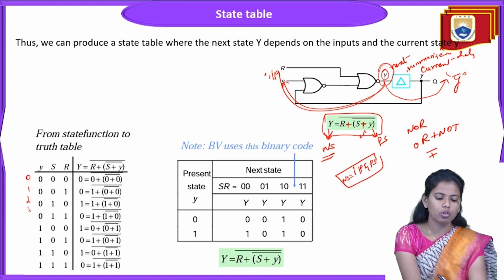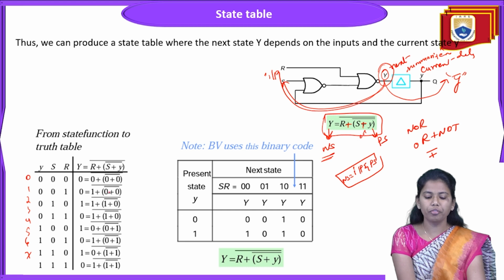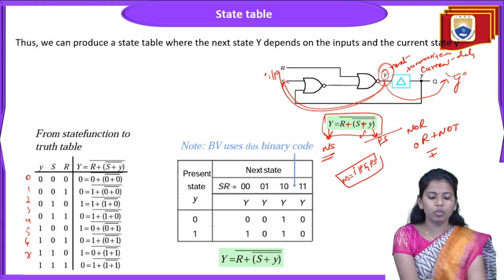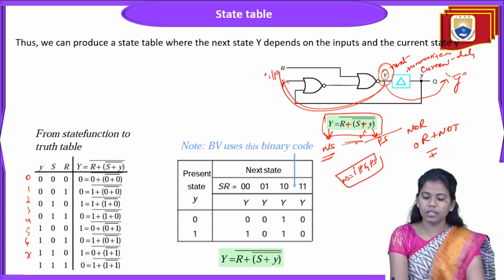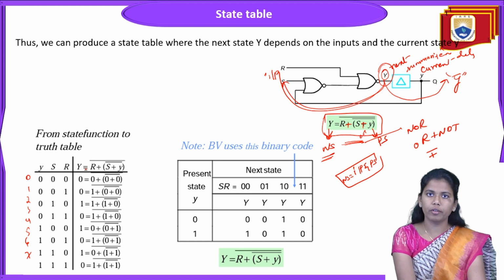If you substitute Y, S, R into the expression, you will get the next state value. My output, or my next state, would be 0, 0, 1, 0, 1, 0, 1, 0.